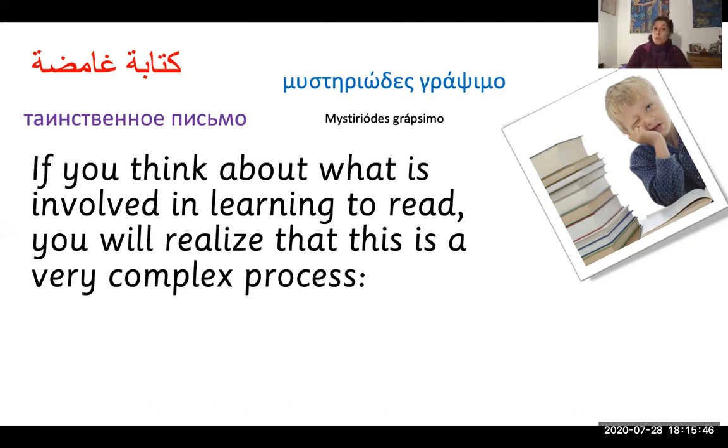In fact, two words, mysteriodes grapsimo. The first one, mysteriodes, is very similar to English, mysterious, or Spanish, misterioso. Grapsimo, that's not in my knowledge. So there's no understanding there, even though I was able to decode. So there is no reading either.